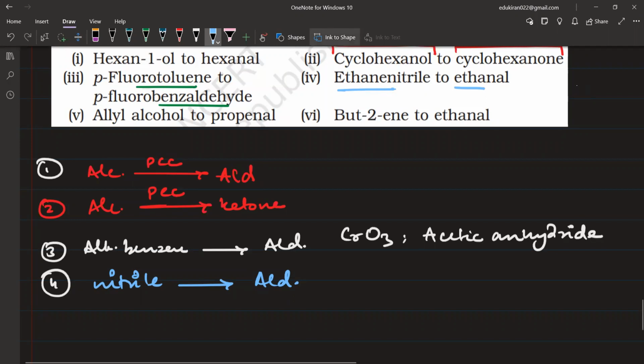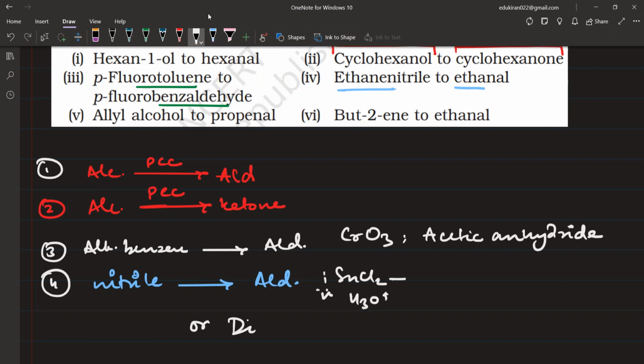Stannous chloride, SnCl2. This is the first step. In the second step, you are going to do H3O+. Or you can use DIBAL-H also, diisobutylaluminium hydride.